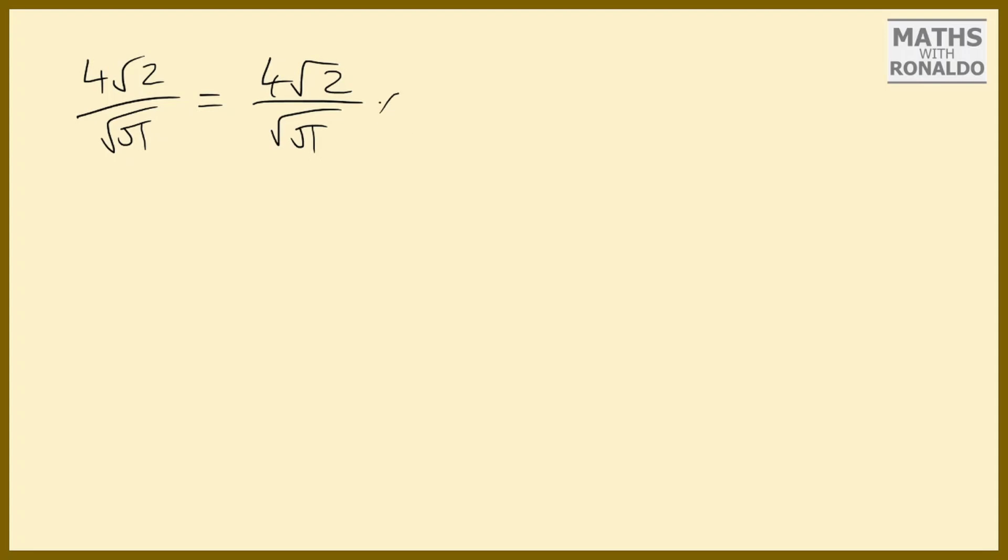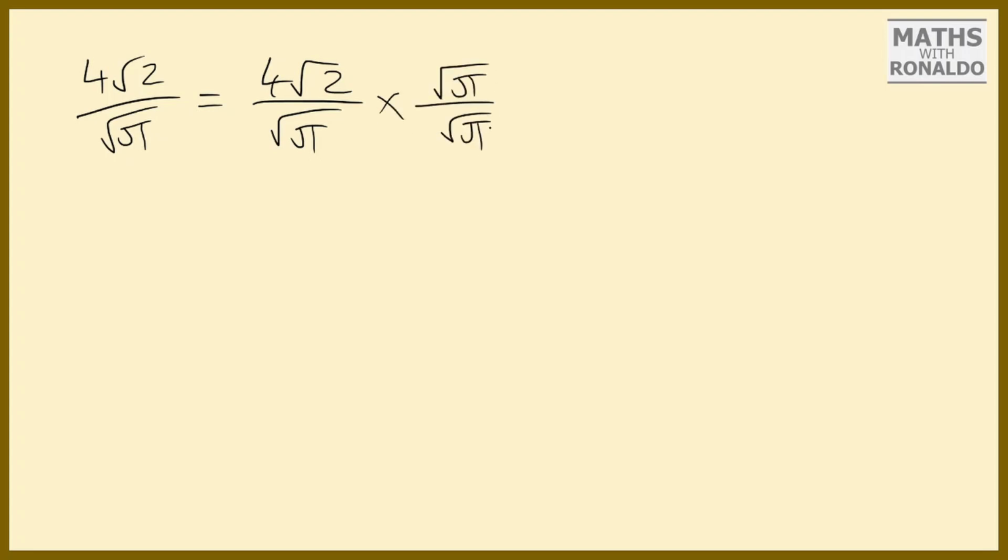Well, if we have 4 root 2 over root pi, and we want to rationalize this, rationalizing means we're getting rid of the surd on the bottom. So to get rid of root pi and get a nicer number on the bottom, we can just multiply by root pi. So 4 root 2 over root pi times root pi over root pi.